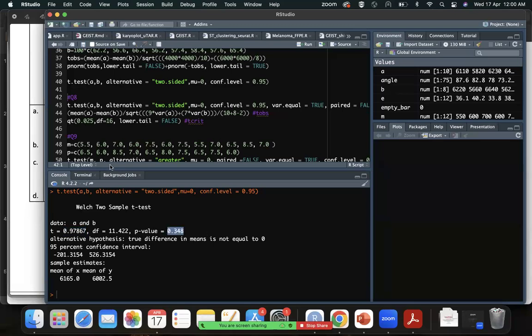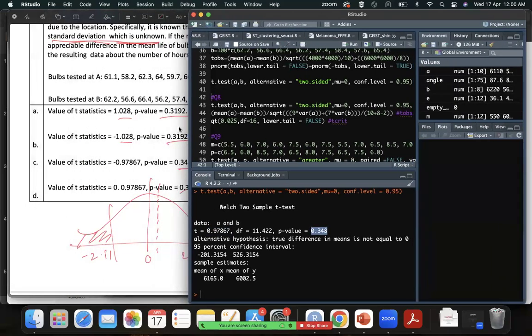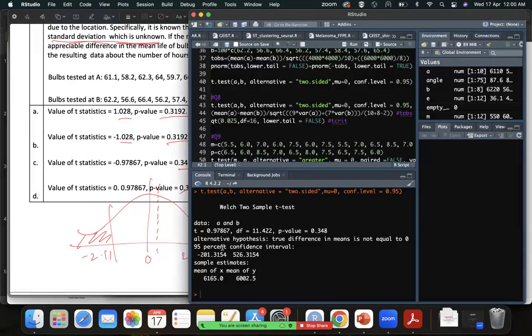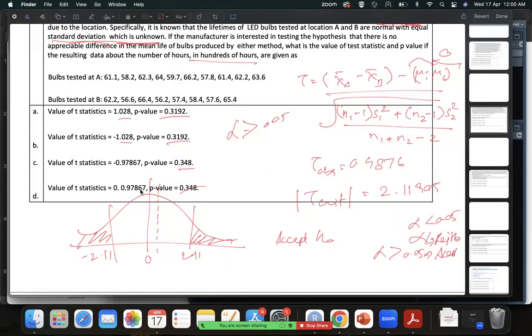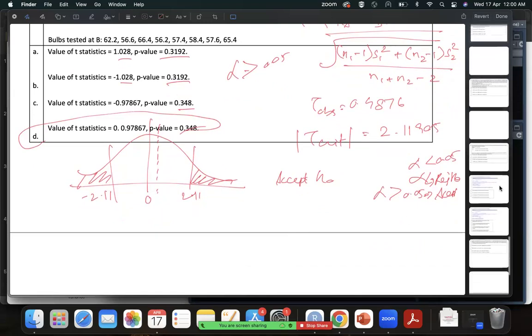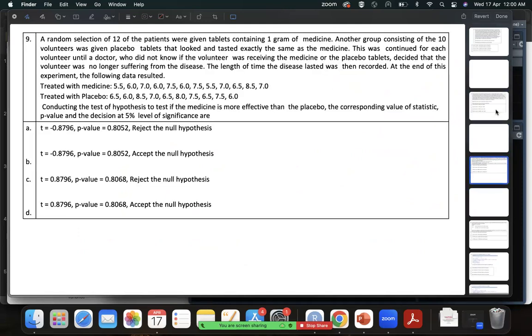And the P value, like you can see in the question, you get 0.348. So option C or D, 0.348. And you had positive 0.978 for the T statistic. So option D would be your answer. Is that okay? Okay, moving on to the next question.